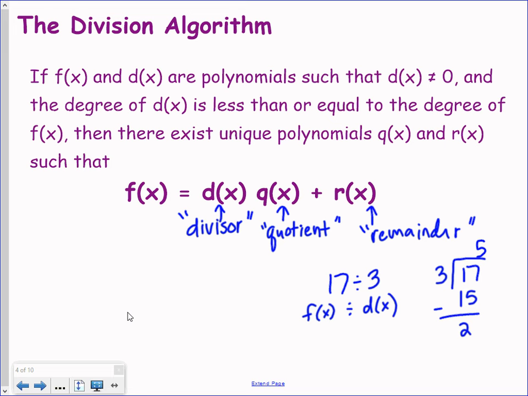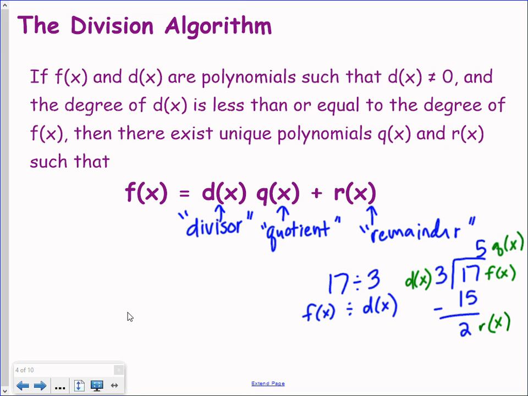So again, f of x is 17. 3 is my d of x. My answer, my quotient, is 5, q of x, and my remainder is 2.